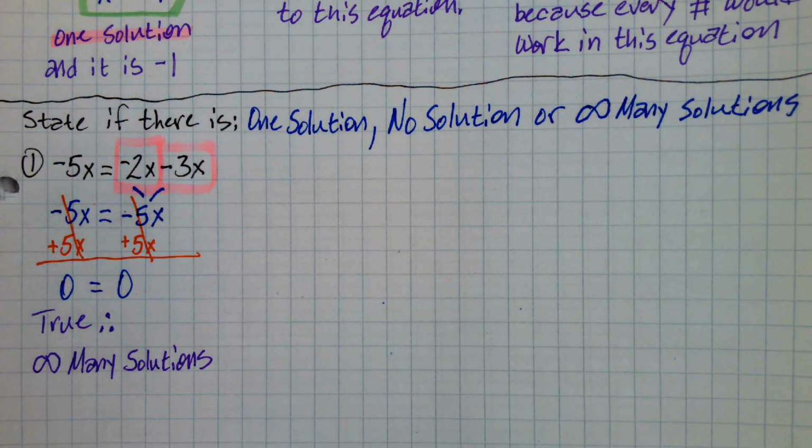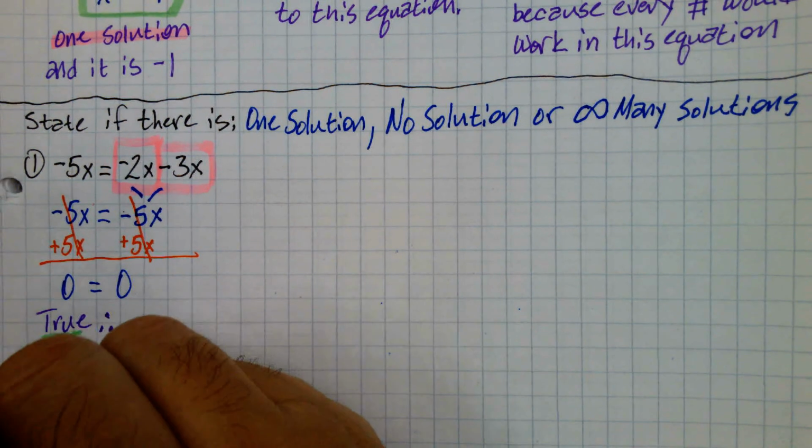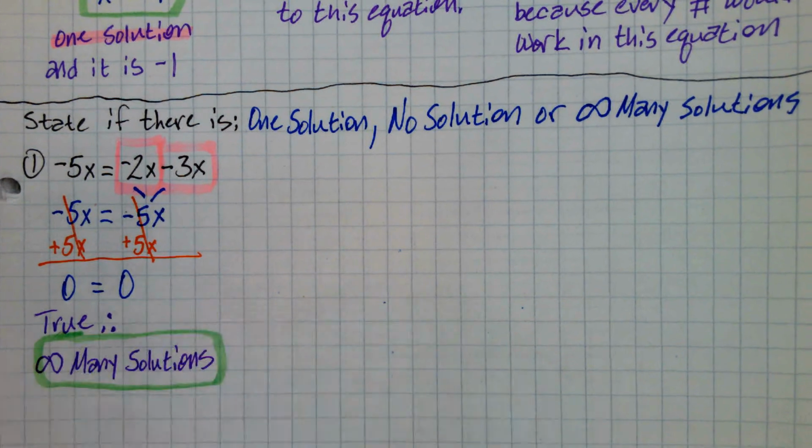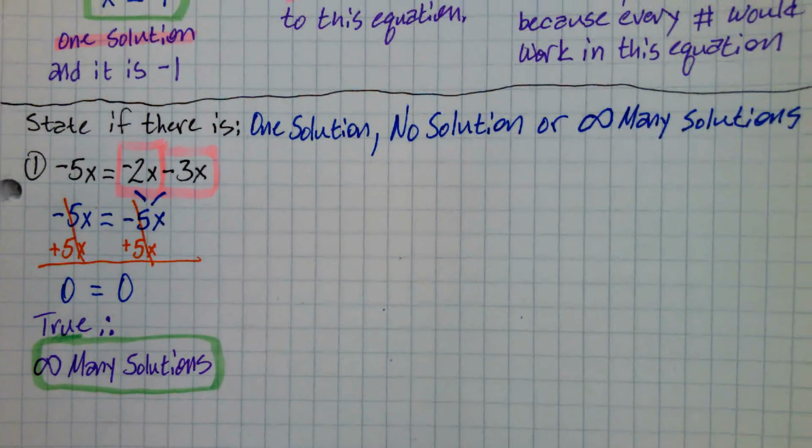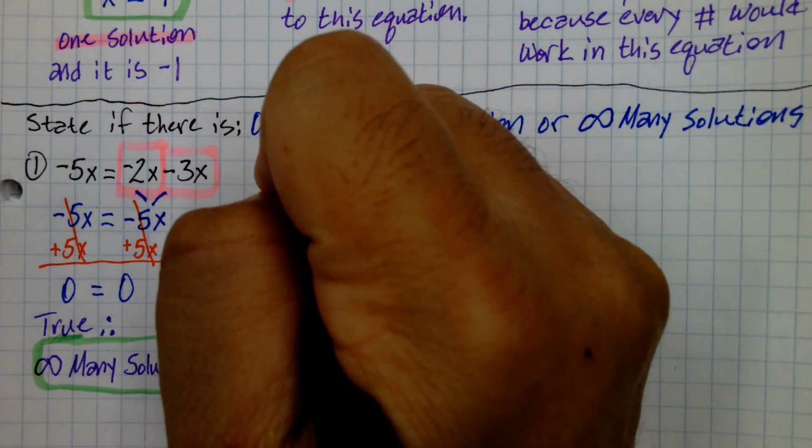Okay, so in this case, we ended up with infinitely many solutions. That little triangle with the dots means therefore. Okay. So we ended up with infinitely many there.